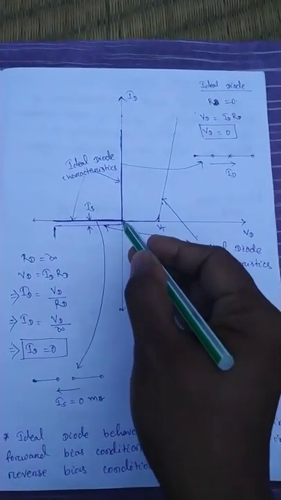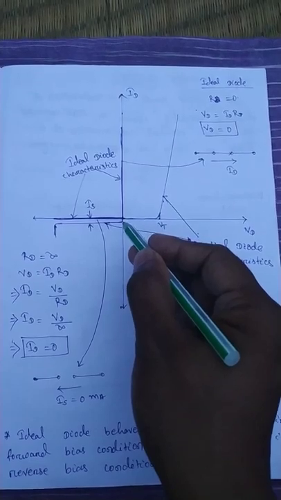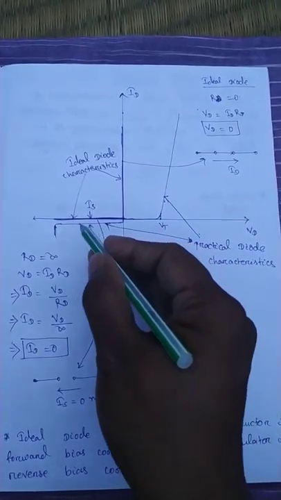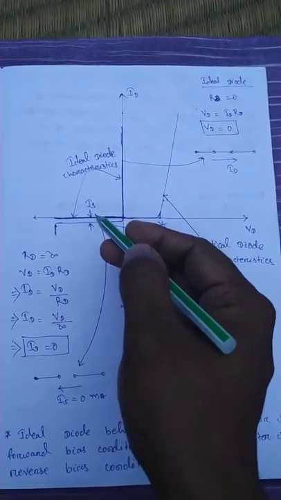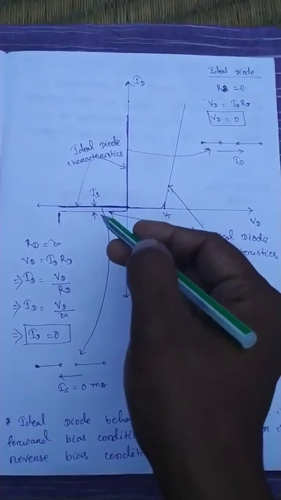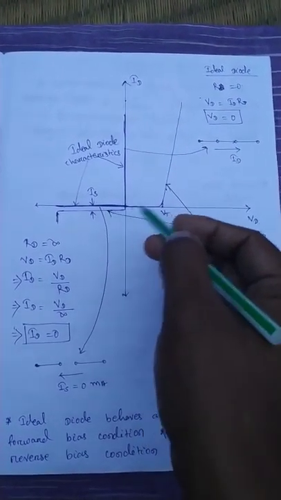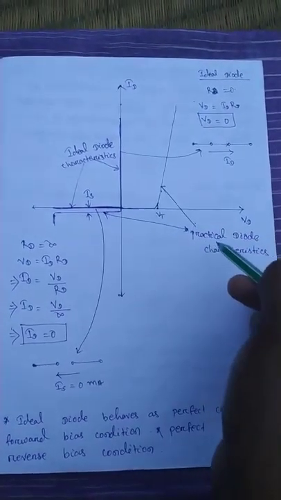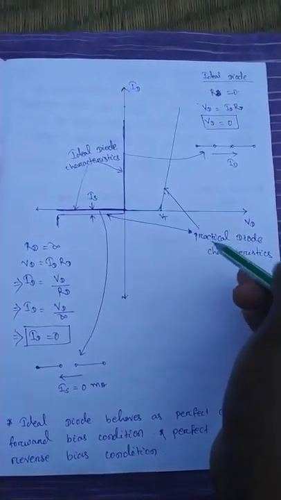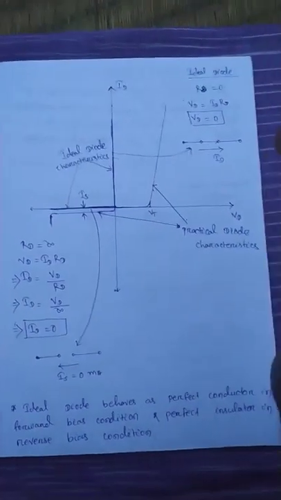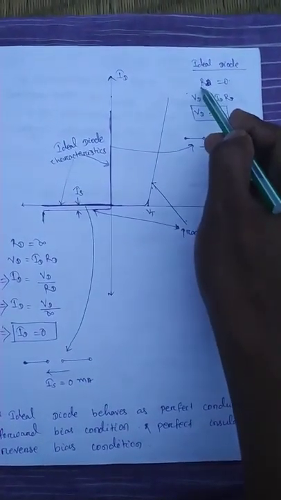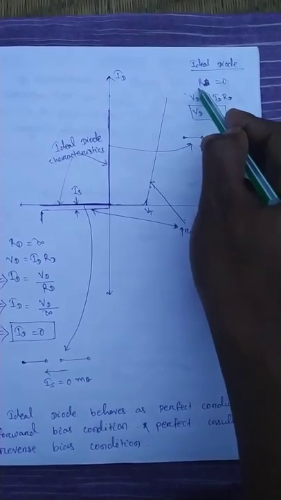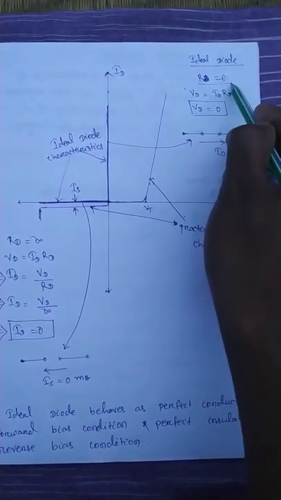And in the reverse bias condition, the reverse saturation current flows. We have also discussed this reverse saturation current in the earlier video lectures. And this is the characteristics graph of the practical diode. But in case of ideal diode, in forward bias conditions, the resistance of the diode Rd is 0.